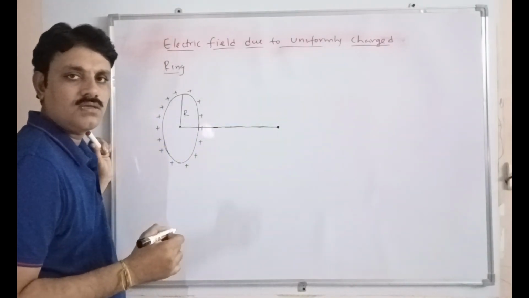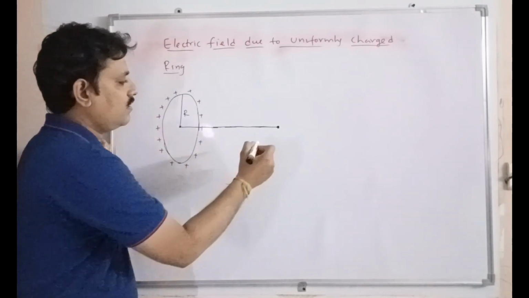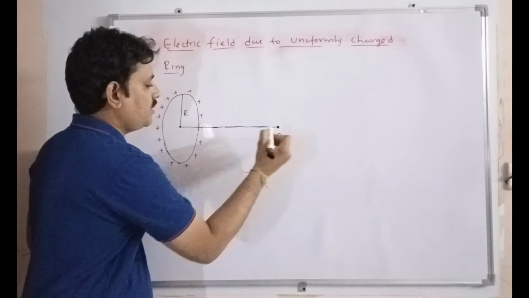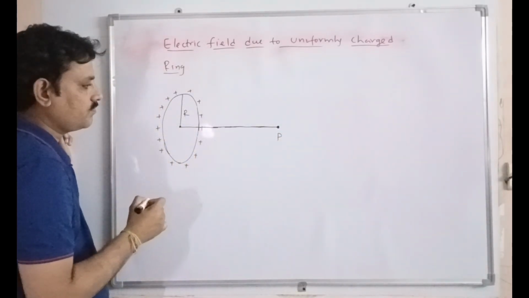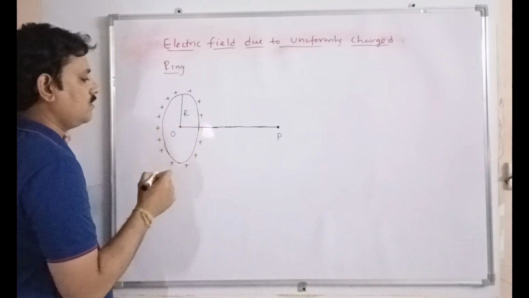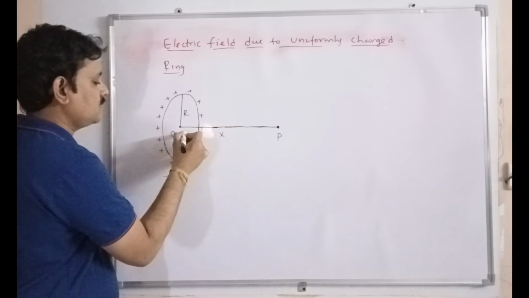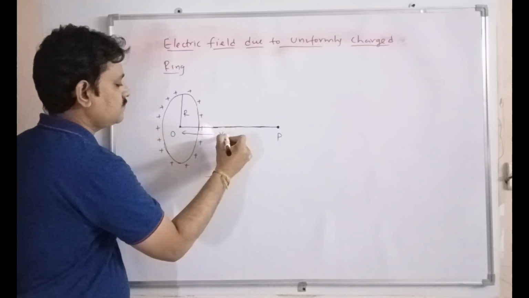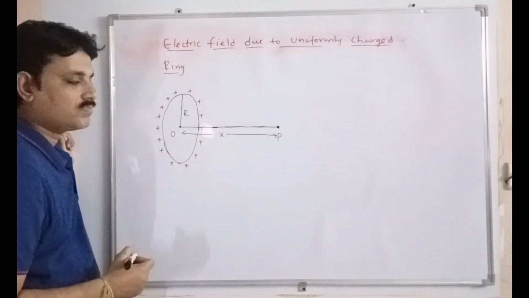Suppose we calculate the electric field at this point P with respect to the charged ring. The distance of P from the center of the ring O is x. This is the distance, which is x.